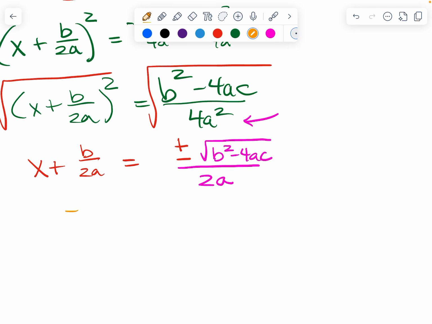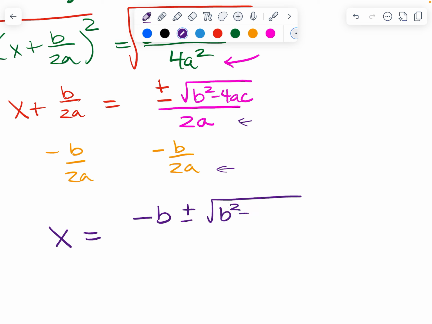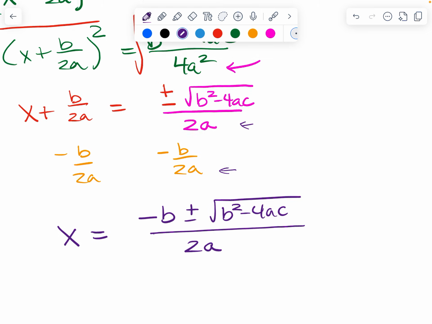Okay, I'm going to subtract the b over 2a from both sides. When I do that, I get x equals, they have the common denominator. Remember that the rational number goes first, so negative b plus or minus the square root of b squared minus 4ac all over 2a.